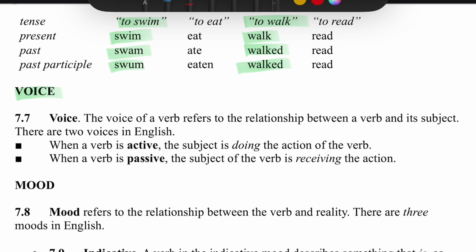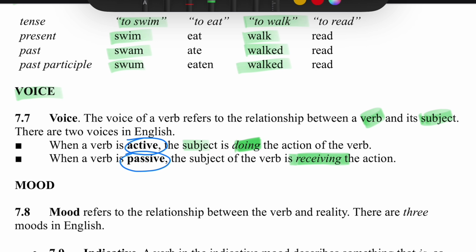Now what about voice? Voice is the relationship between the verb and its subject. So it's either going to be in the active or it's going to be in the passive. When a verb is active, the subject is doing the action of the verb. When a verb is passive, the subject is receiving the action of the verb.